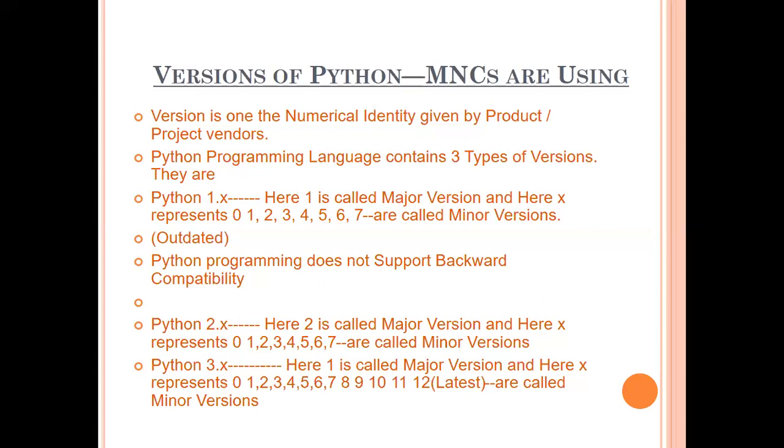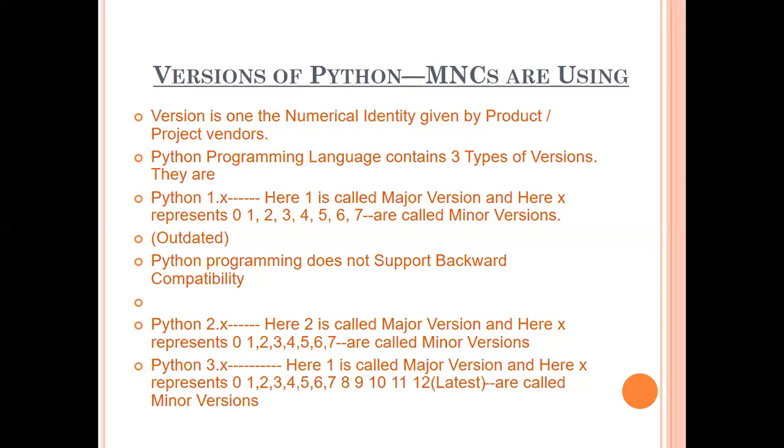Python 1.x, Python 2.x and Python 3.x. If we talk about Python 1.x, 1 is the major version and x represents the minor version.